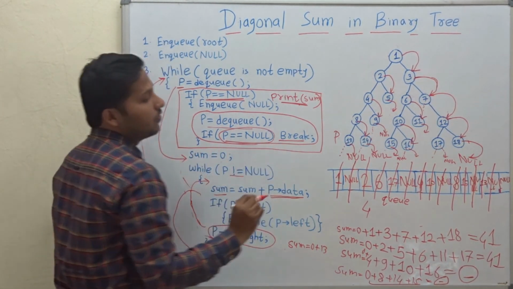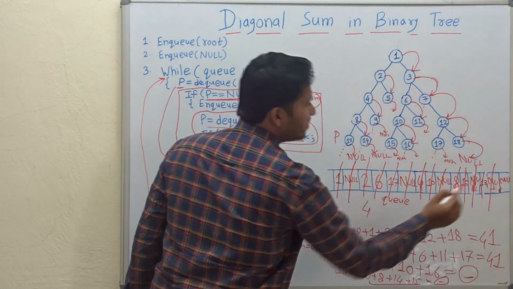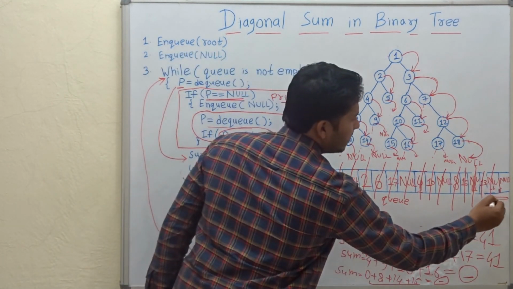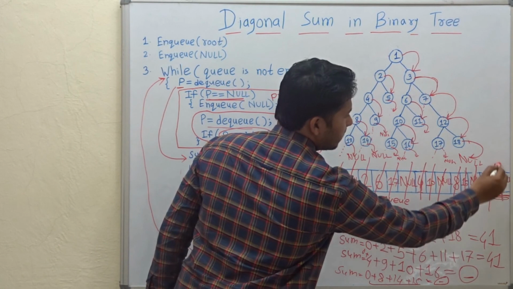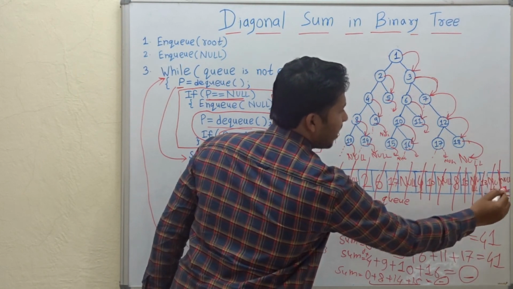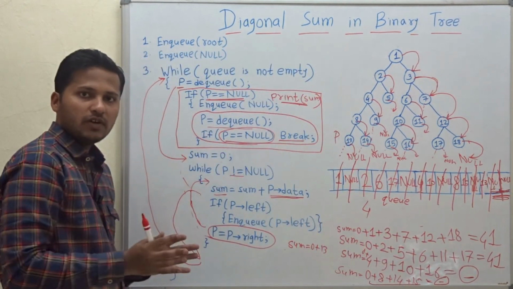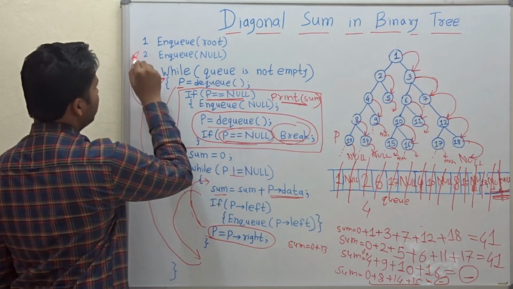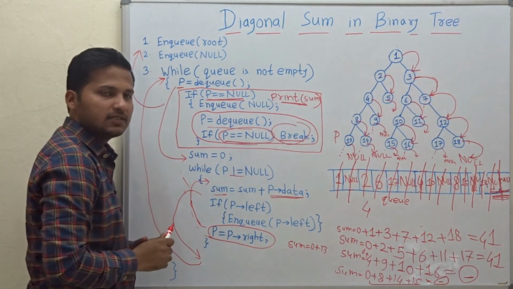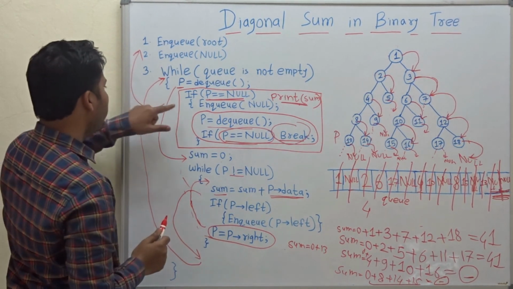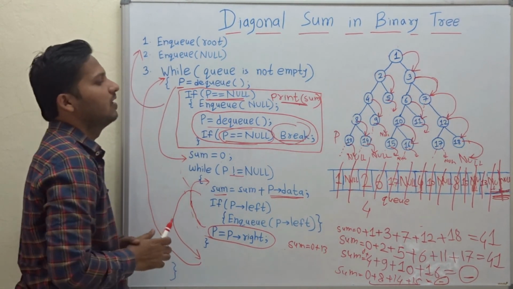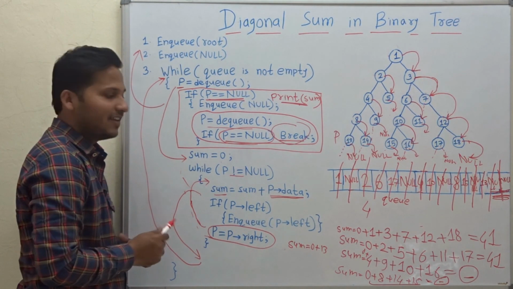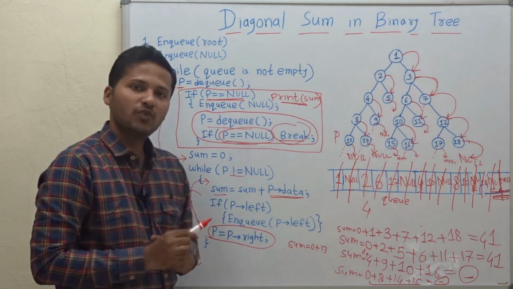This means when we get two continuous nulls, this means our all diagonals are over and we have to break from the outer while loop. Yes, this is the meaning, and we have to break and we have to go to the main function. So this is how this algorithm works.